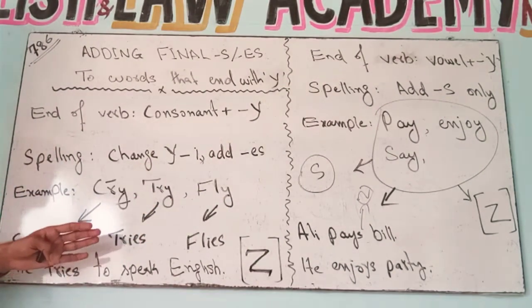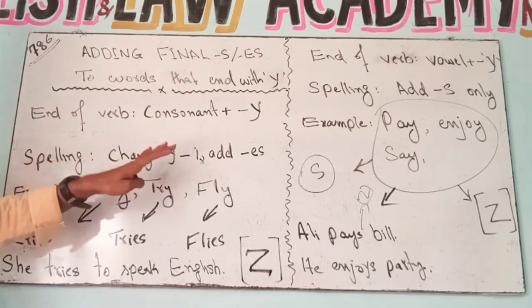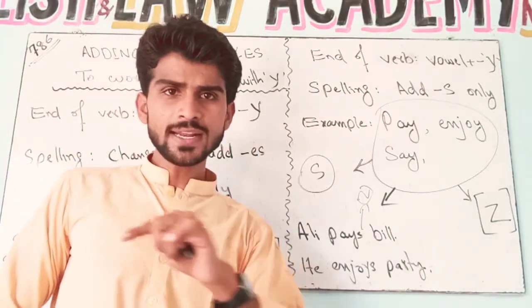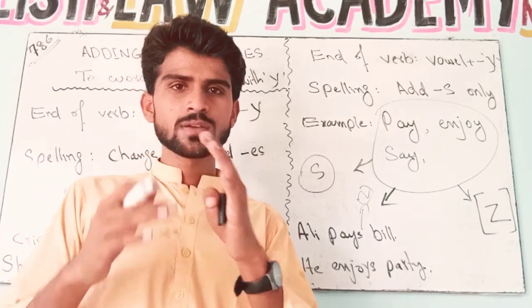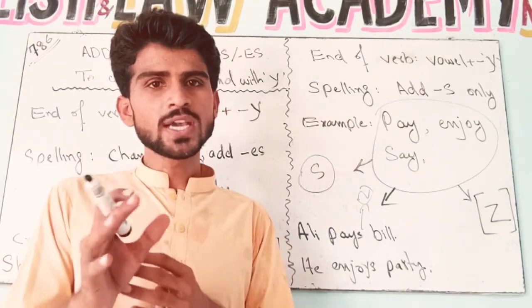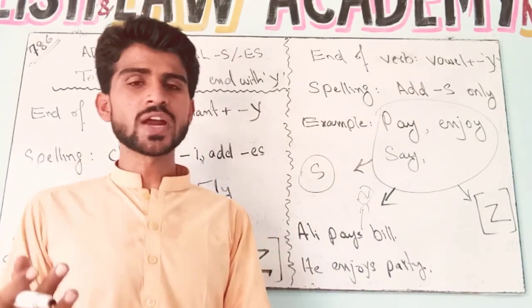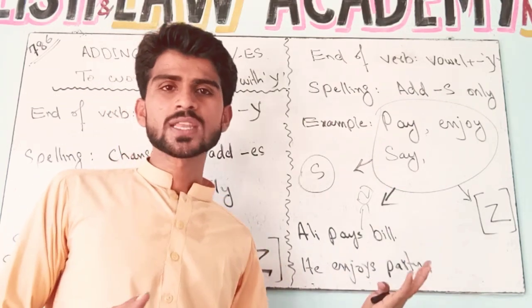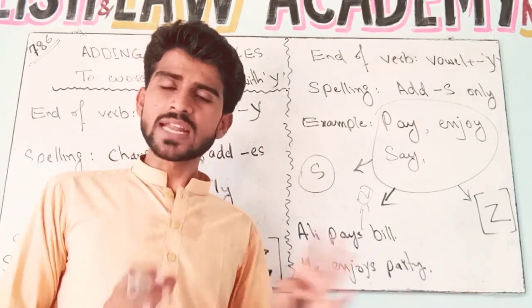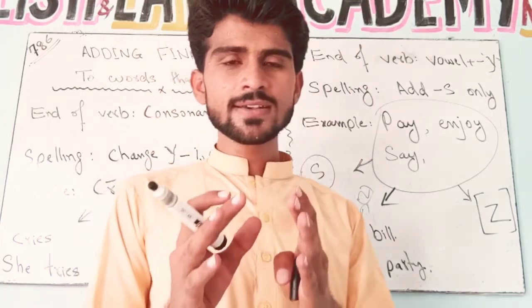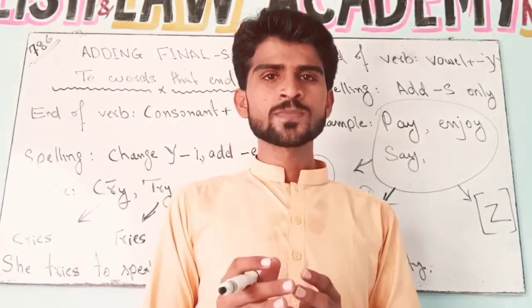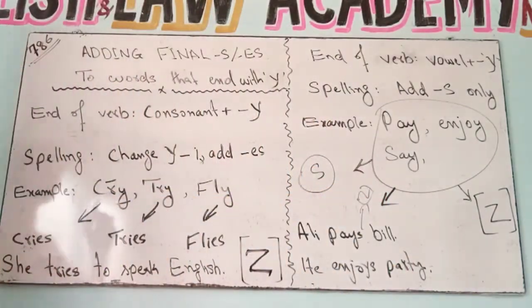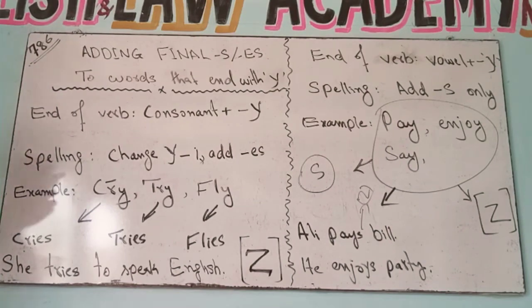Always we have to pronounce the final S in the voice of Z. Cries, tries, pays and says, like that. So this is the simple lecture about adding final ES to words that end with Y.